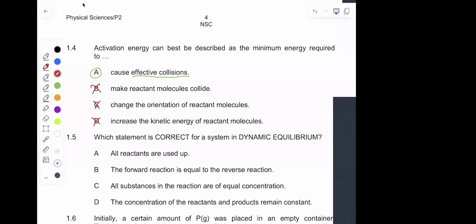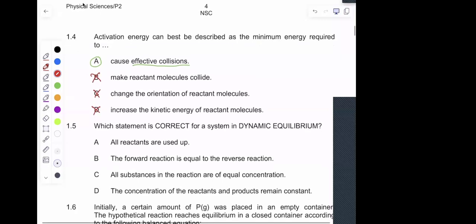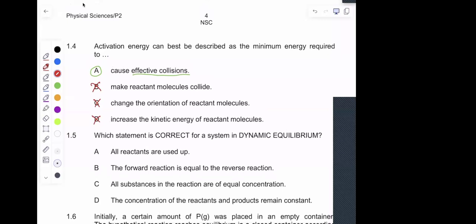Let's jump to 1.5. So 1.5 says, which statement is correct for a system in dynamic equilibrium? Ernest. Hey, Theo. Sorry, before you proceed, there's a question from Alpheus there. Sorry, let me quickly try and find, is it in the Q&A or in the chat? In the chat. Sorry, there's a lot of messages coming in. It's a long one there.